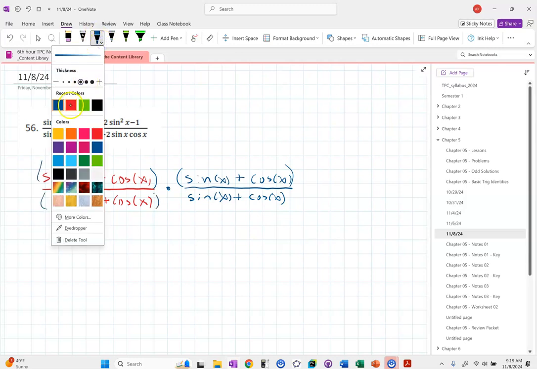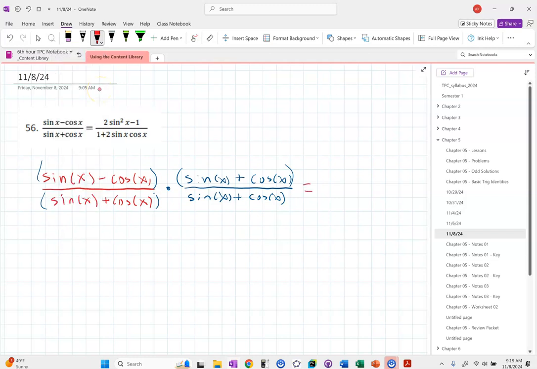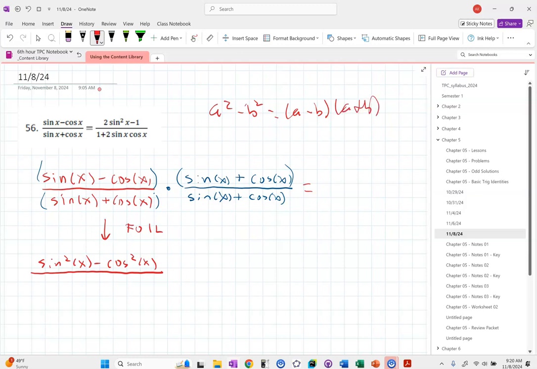So the numerator, when I FOIL this out, is going to be sine squared minus cosine squared. Now, I didn't really FOIL that. I used that difference of two squares factoring pattern to do the multiplication quickly. If you struggle to remember that, you could always FOIL, but that's what I did there.